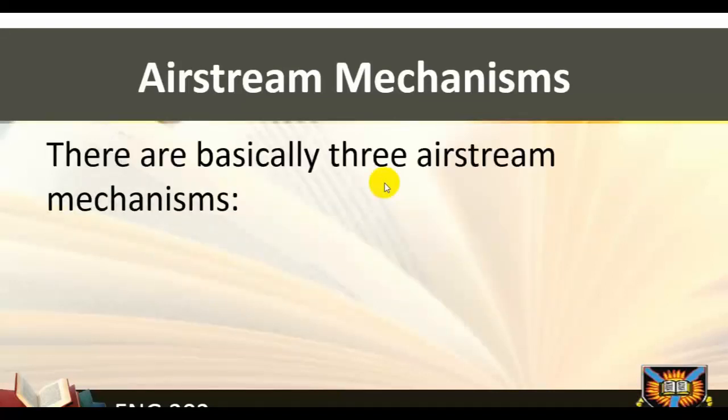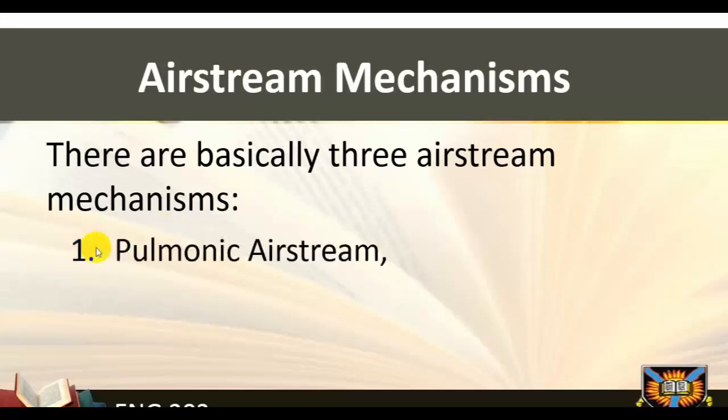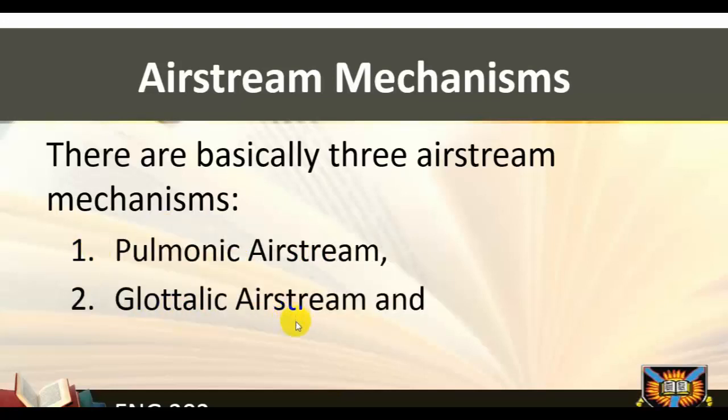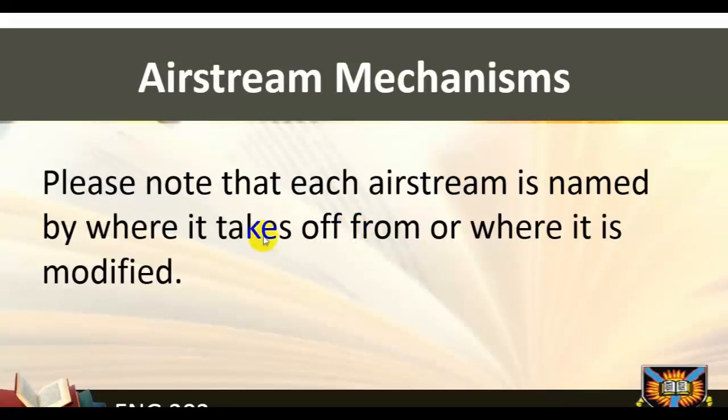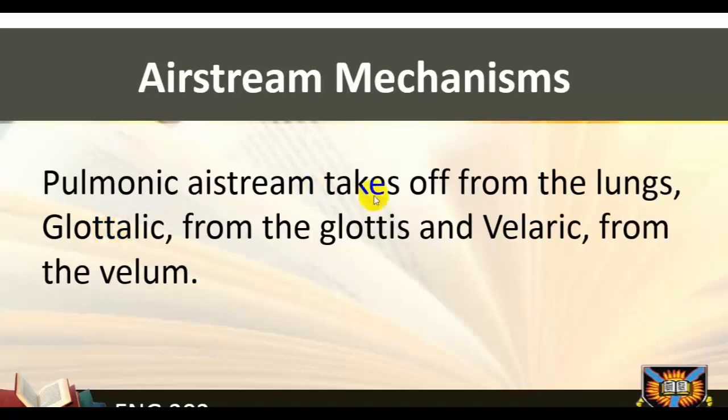There are basically three airstream mechanisms: pulmonic airstream, glottalic airstream, and oral or velaric airstream. Please note that each airstream is named by where it takes off from or where it is modified. Pulmonic airstream takes off from the lungs, glottalic from the glottis, and velaric from the velum.